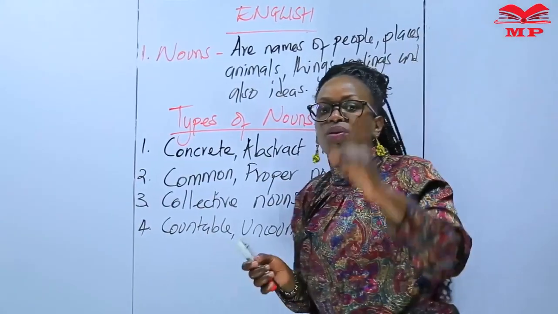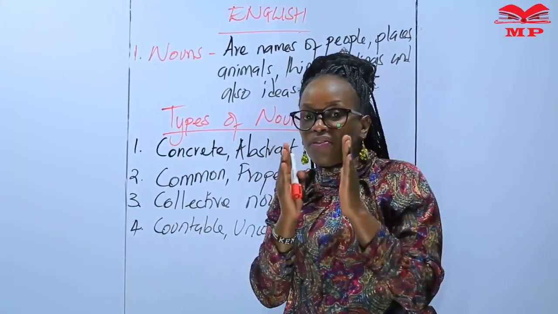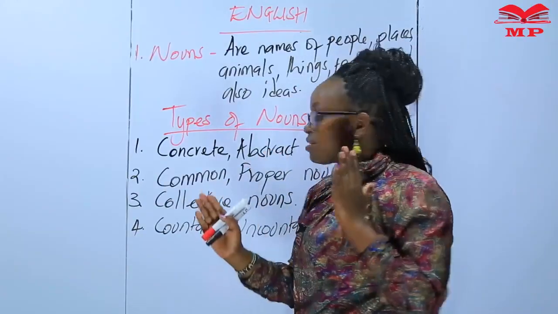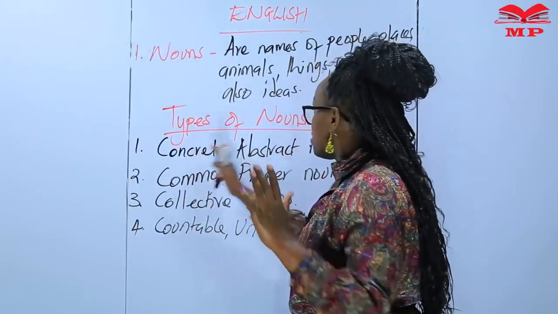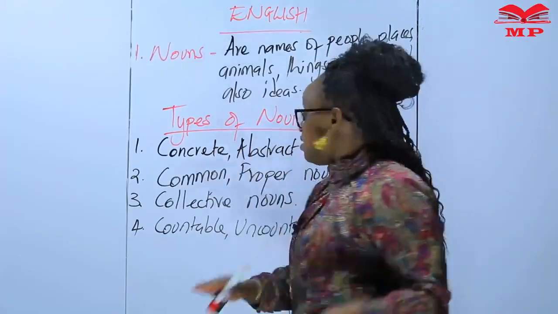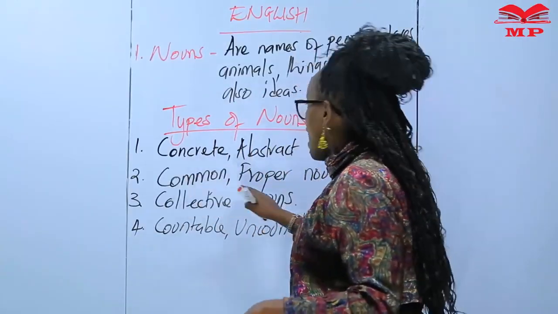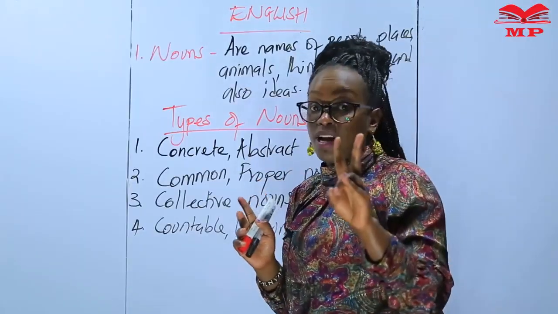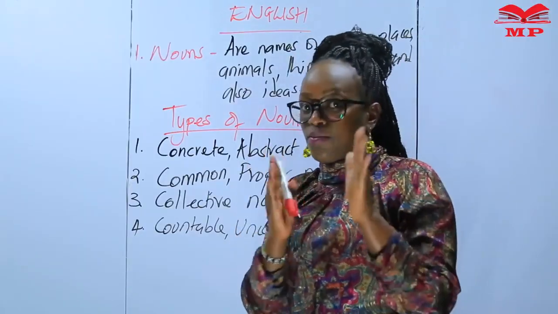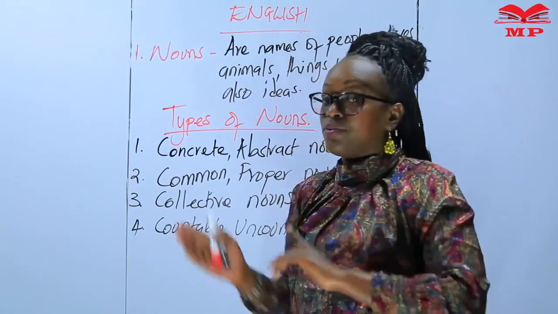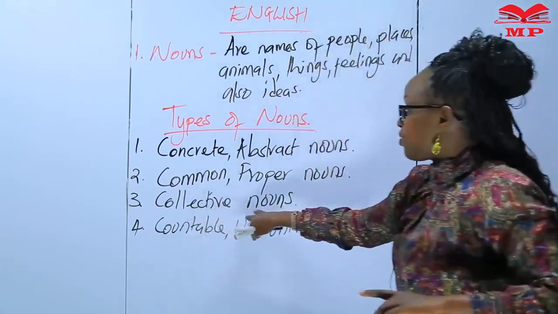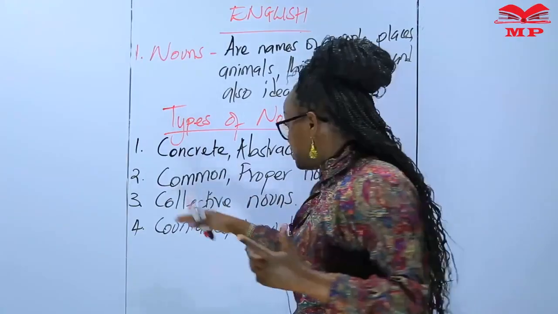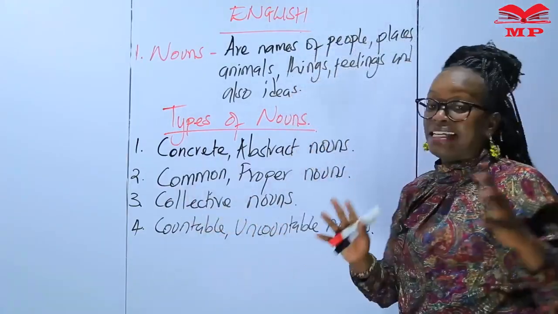There's only a very slight difference between them. So we are going to be discussing the concrete and the abstract nouns together, and then discuss common and proper nouns together, because the difference between those two classes is very small. I will point it out as we discuss. And then the collective nouns are a unique class by themselves, so we will be discussing them independently.